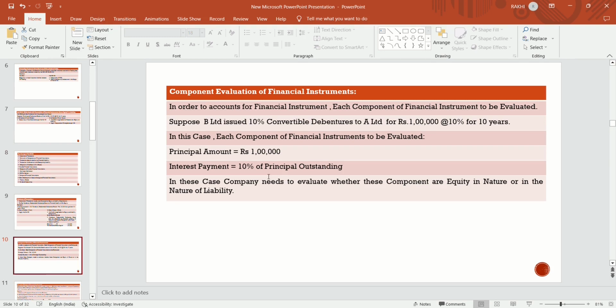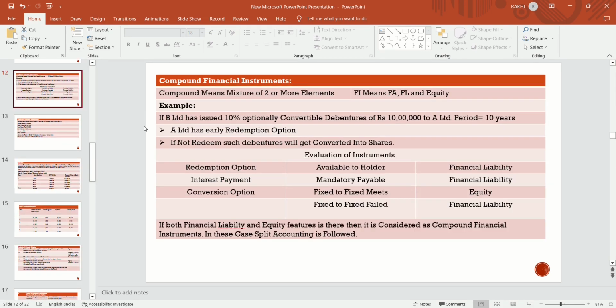The company needs to evaluate whether these components are equity in nature or in the nature of liability. A compound financial instrument is a mixture of two or more elements, like a financial asset, financial liability or equity.